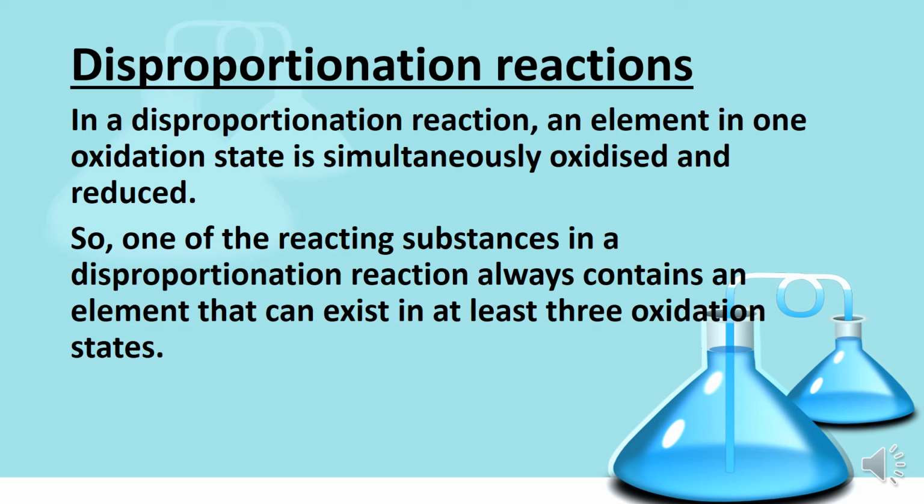So, one of the reacting substances in a disproportionation reaction always contains an element that can exist in at least 3 oxidation states. The element in the form of reacting substance is in the intermediate oxidation state, and both higher and lower oxidation states of that element are formed in the reaction.